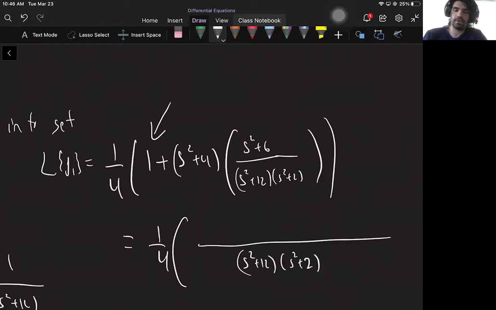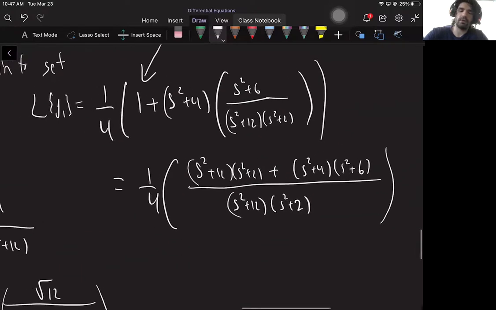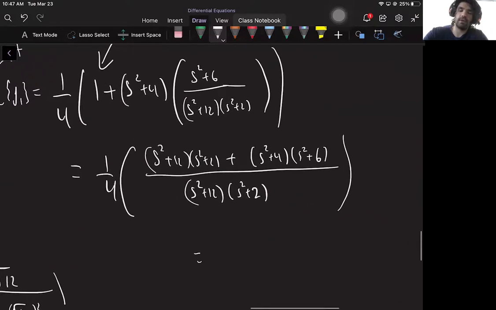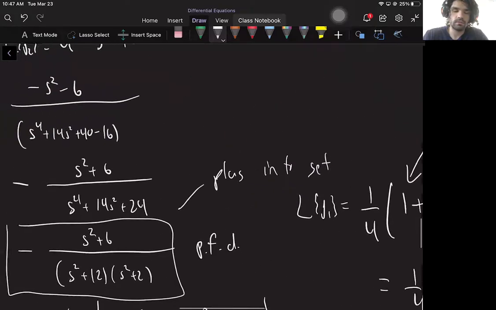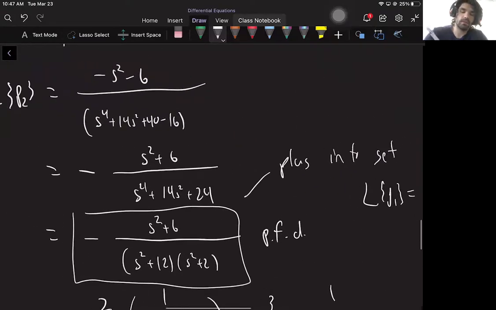Lots of algebra. All right. So then this is the same thing, plus, and now this thing. So it actually simplifies quite a lot. If you FOIL it all out, you'll end up with just, oh, because this is a minus somewhere, I lost a minus. Yes, this was a minus L right here.